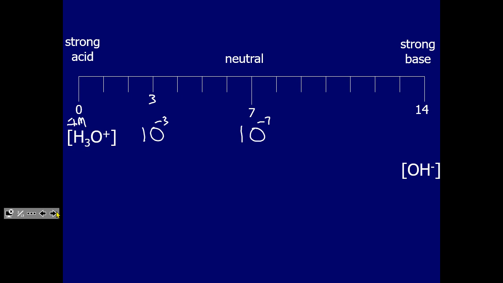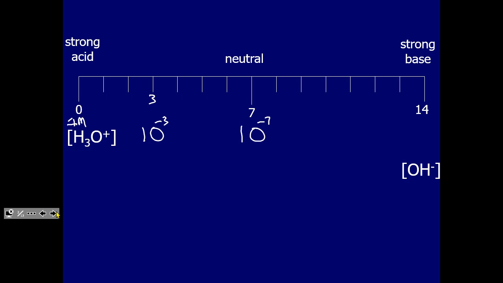So remember, H3O plus is that thing that makes acids acidic, and the lower the pH, the higher the concentration of the H3O plus is, and the stronger the acid.